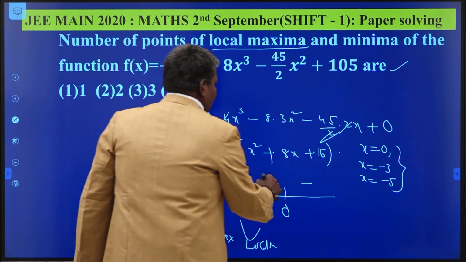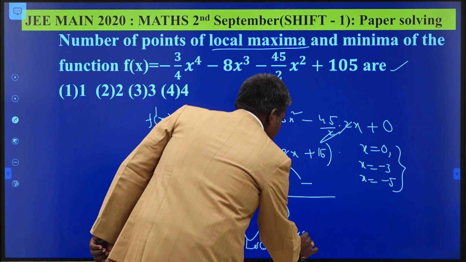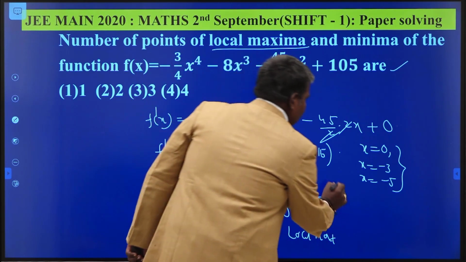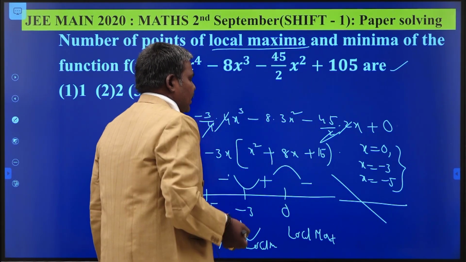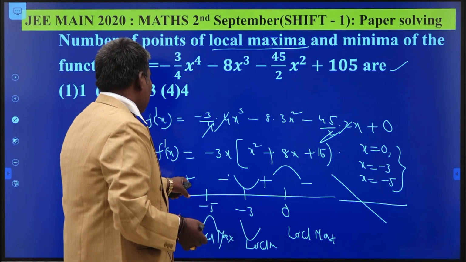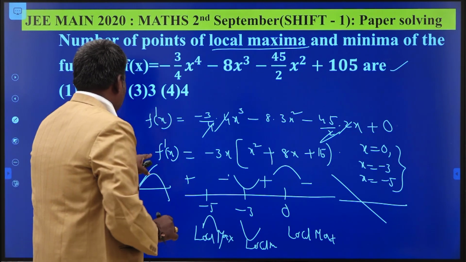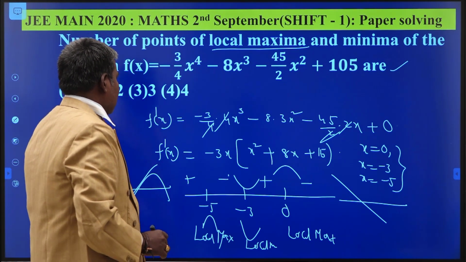Here similarly positive to negative. Here we obtain local maximum. Slope is negative, we mean what? The line makes an obtuse angle with the positive direction of x-axis. Positive means the tangent makes an acute angle with the positive direction of x-axis.